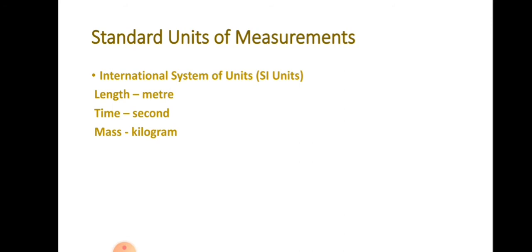They have derived some basic units: for length the SI unit is the meter, for time the SI unit is the second, and for mass the SI unit is the kilogram.